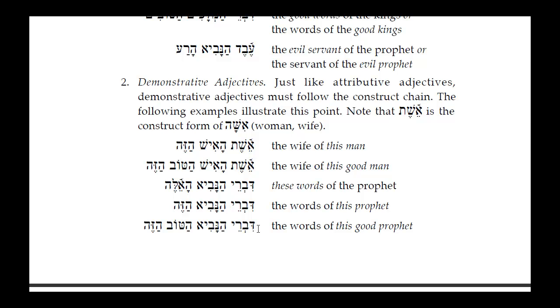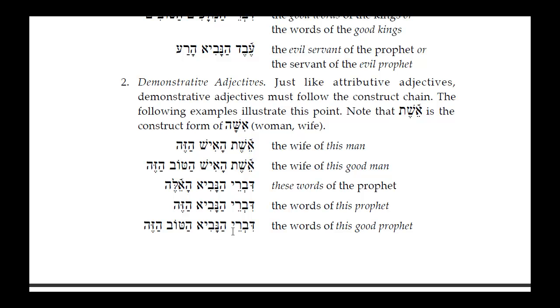Next we have Divrei Hanavi Hatov Hazeh. Again, we have a construct noun, an absolute noun, an attributive adjective, and a demonstrative adjective here. And so Hazeh is masculine singular. It also goes along with Hatov, which is the attributive adjective. It agrees with the Navi, the prophet.